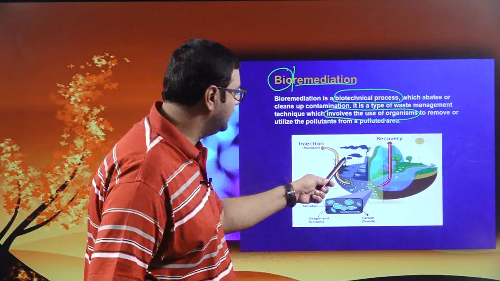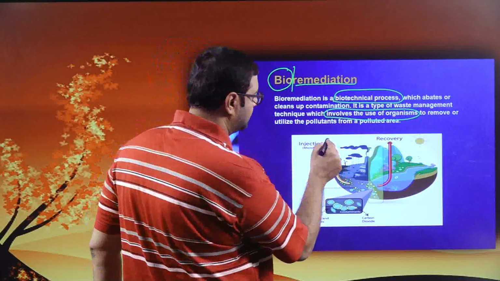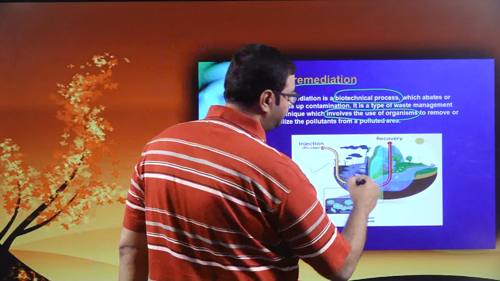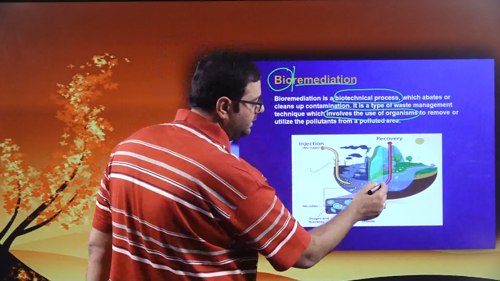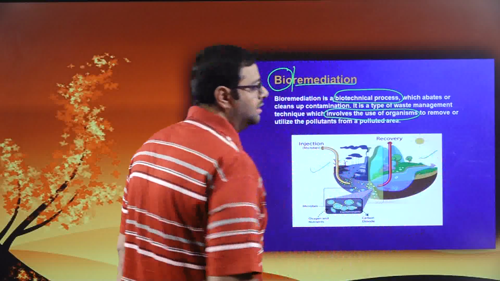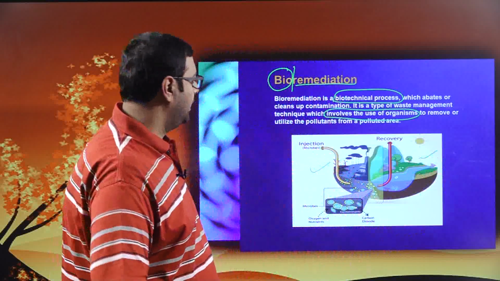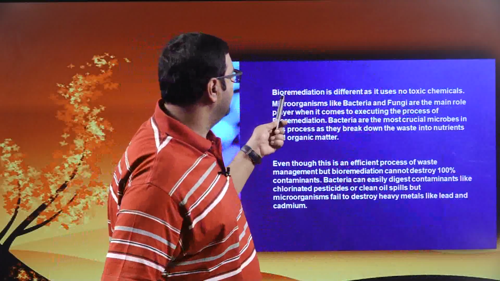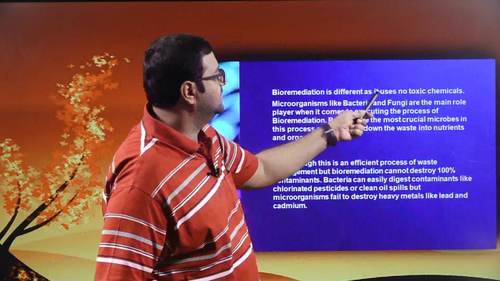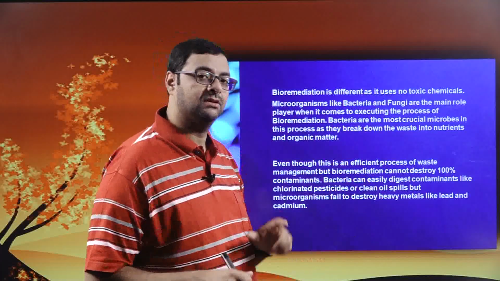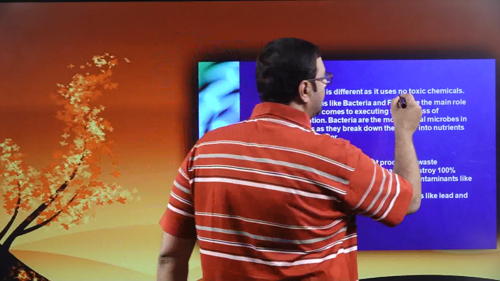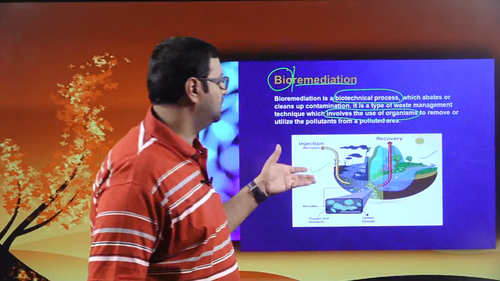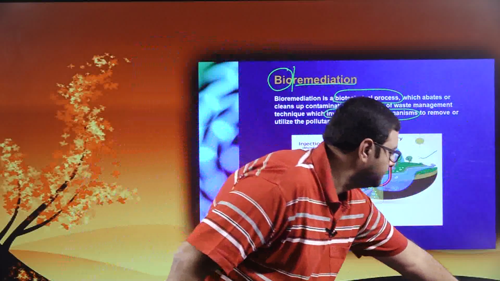This is a polluted area here, and by the process of bioremediation, we have removed the pollutants. Bioremediation is different as it uses no toxic chemicals. So there are no toxic chemicals in bioremediation. We'll get back to this picture once I am done with the explanation.